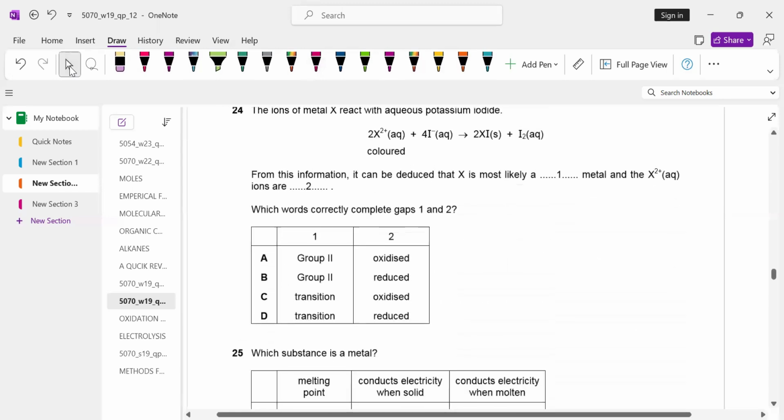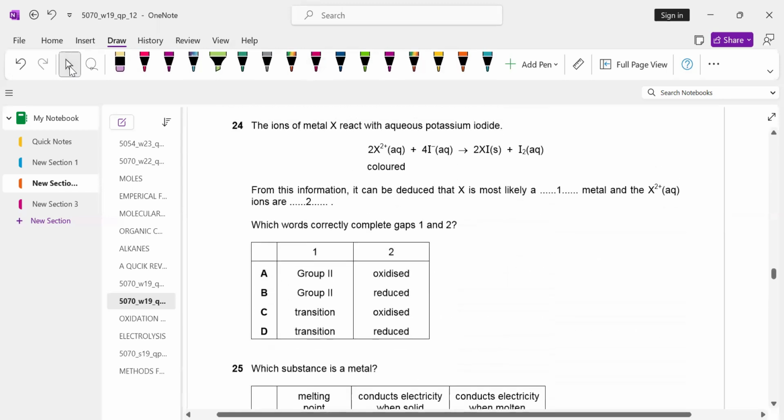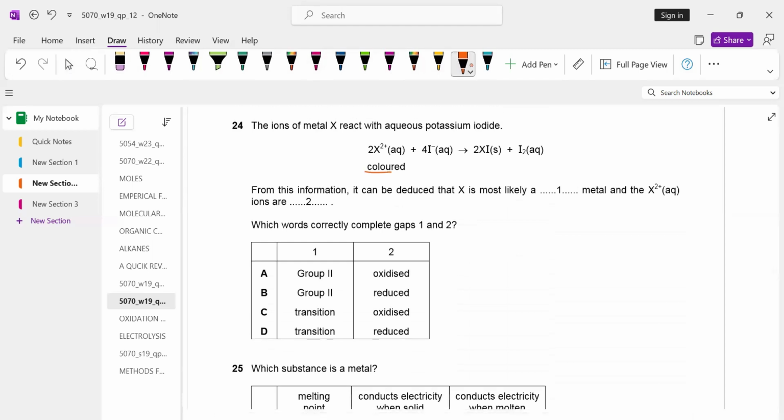Question number 24. The ion of the metal X reacts with aqueous potassium iodide. So the equation is shown that aqueous potassium iodide is colored. Colored means it is a transition element, metal. From this equation, it can be deduced that X is most likely a dash metal, and X2 has charge +2. Aqueous ions are 2+.